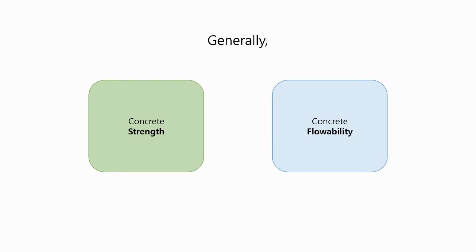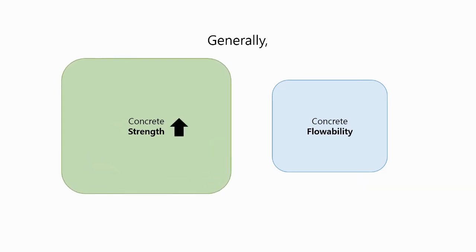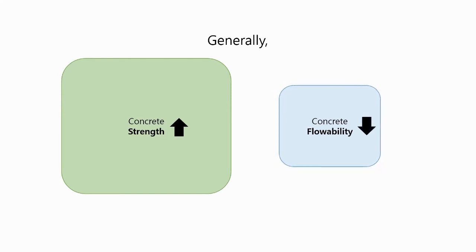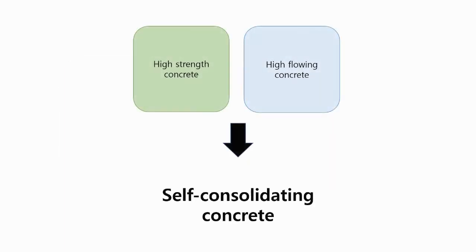Generally, when the concrete strength increases, the concrete flowability decreases. However, in the case of self-consolidating concrete, it can raise the flowability of the concrete while maintaining sufficient strength to withstand the vertical load.